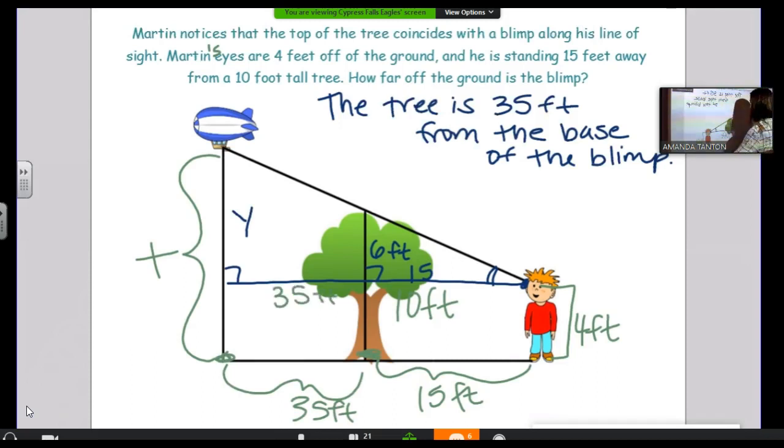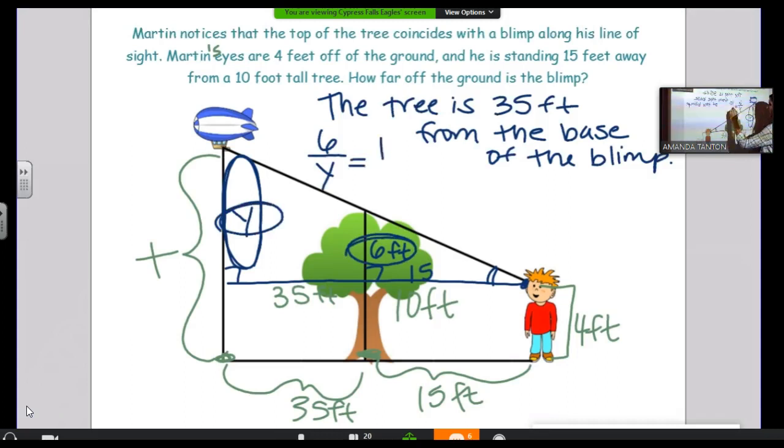So now we're ready to write a proportion, and we're trying to solve for y. We can't solve for x yet. We need to solve for the side that's actually part of a triangle. So I'm going to say 6 is to y as 15 is to 50.